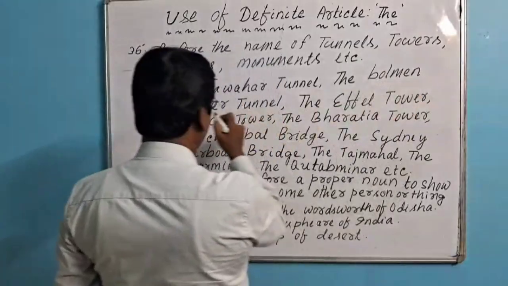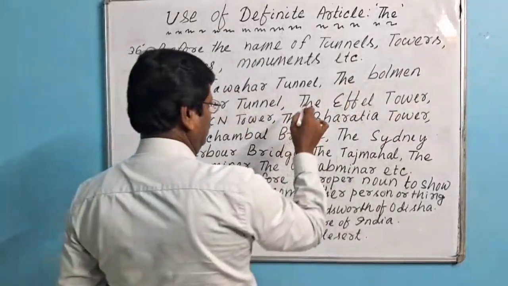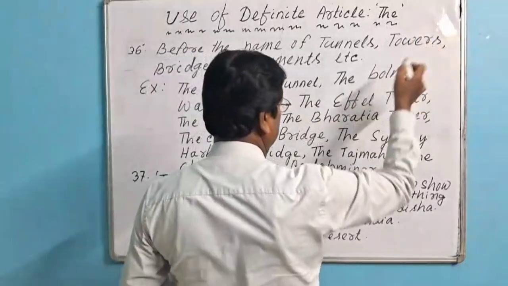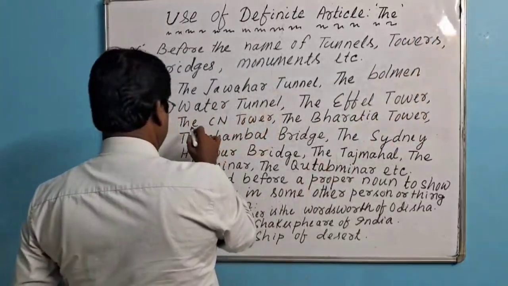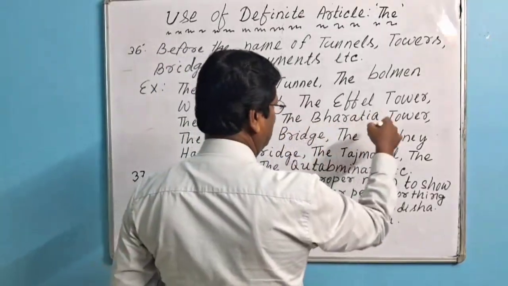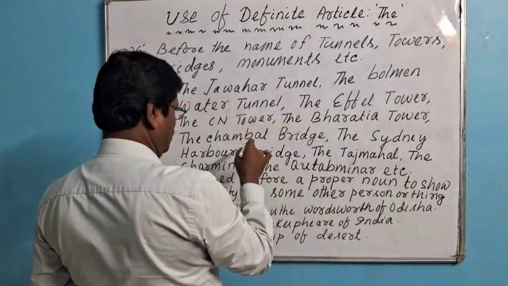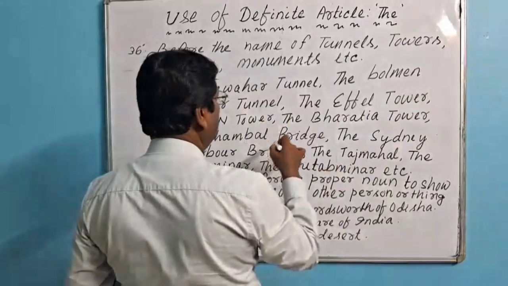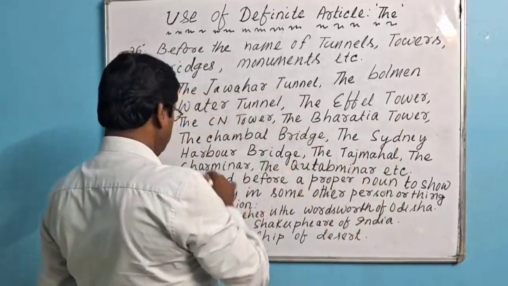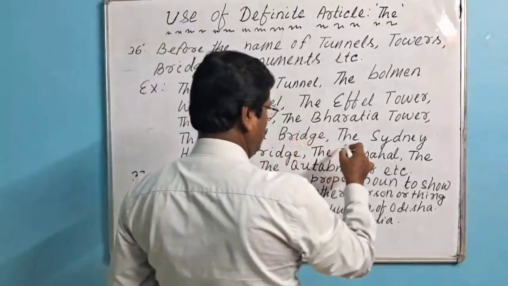The Bolman Water Tunnel. The Eiffel Tower. The is also used before the name of towers. The CN Tower. The Bhartiya Tower. The Chambal Bridge. The is used before the name of a bridge. The Chambal Bridge.